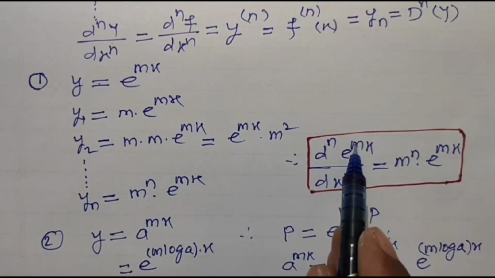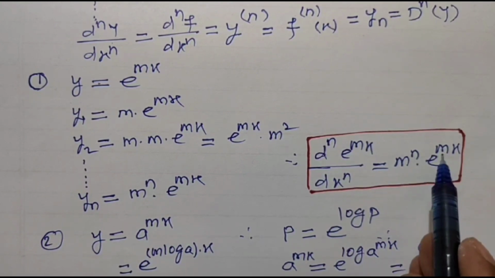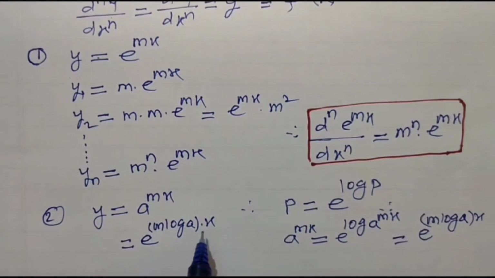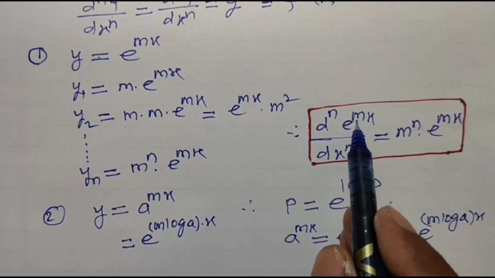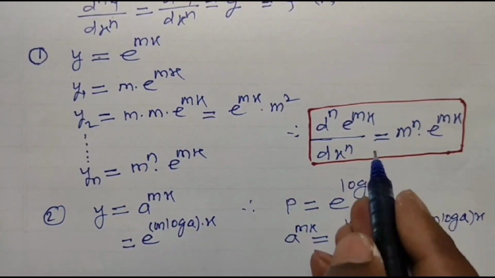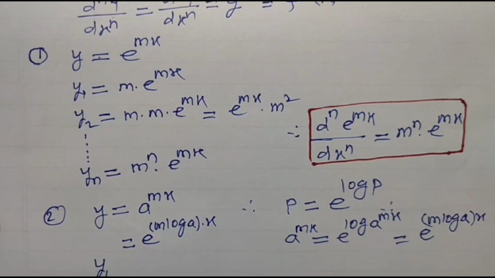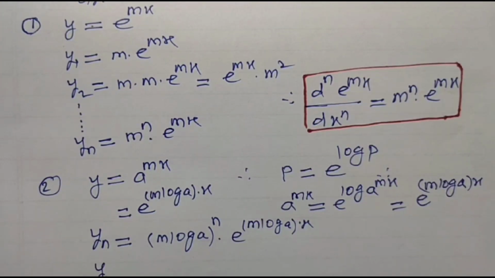Now e to the power mx, its nth derivative is m to the power n into e to the power mx, right? But here the coefficient of x in the power of e is m log a, and there the coefficient of x was m. So by using this formula, yn is equal to m log a to the power n into e to the power m log a into x, that is, yn is equal to m into log a to the power n into a to the power mx.